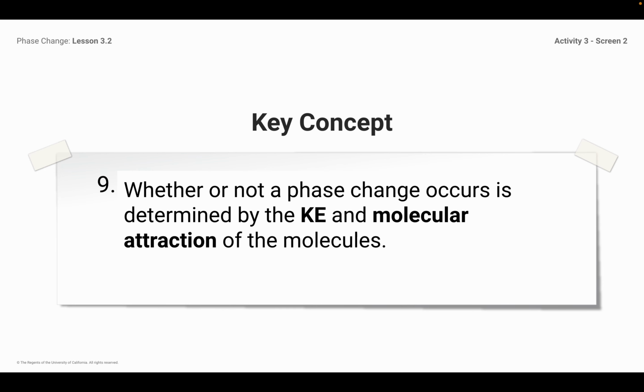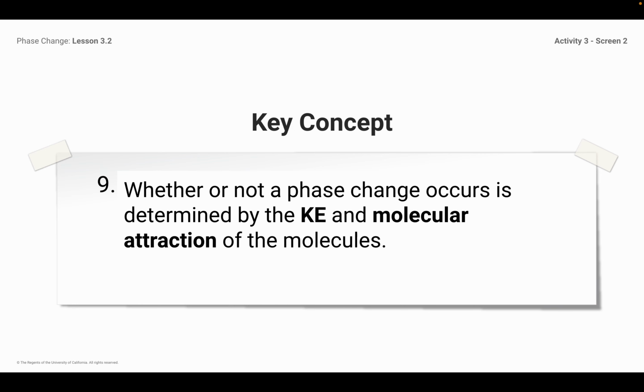Whether or not a phase change occurs is determined by two things: the kinetic energy and the molecular attraction, because they're inversely proportionate. If kinetic energy increases enough to overcome molecular attraction, there will be a phase change.